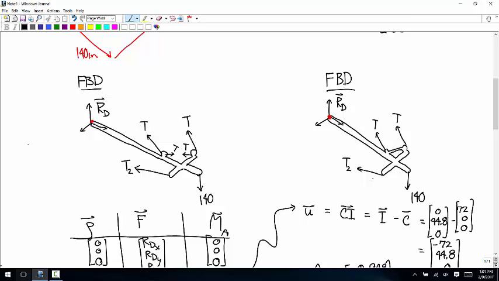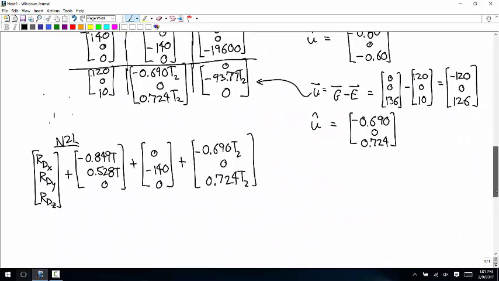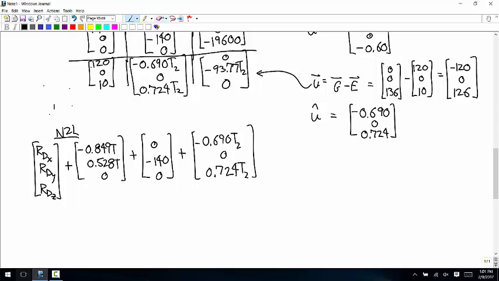You would have 2 more if you didn't cancel those 2 T's between the 2 pulleys. All right. And all these add up to 0. So that's 3 equations.